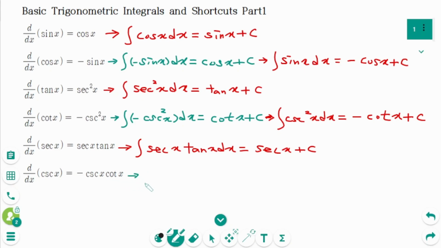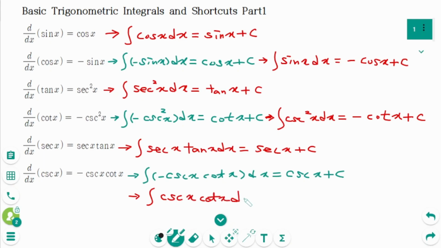So integral of minus cosecant x cotangent x dx equals cosecant x plus c. Then minus 1 on each side. So integral of cosecant x cotangent x dx equals minus cosecant x plus c.